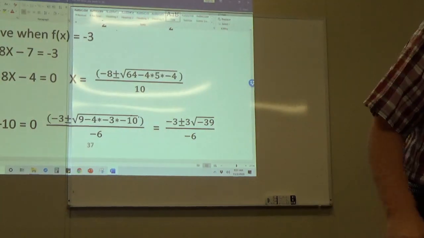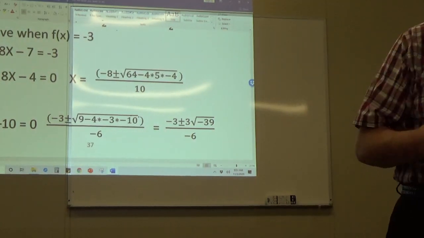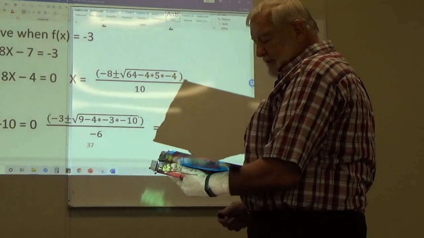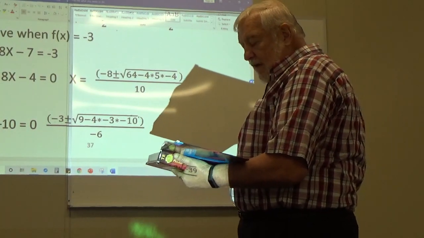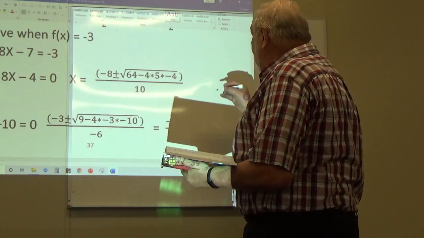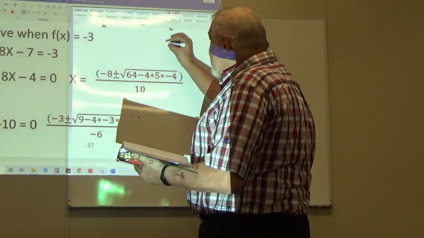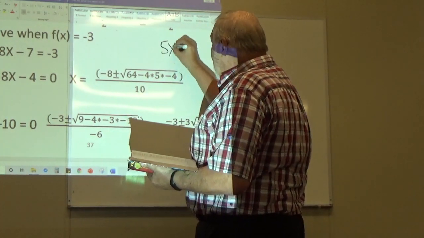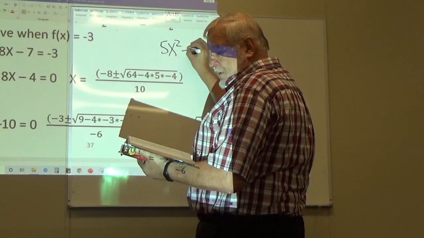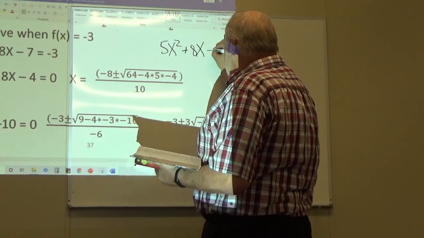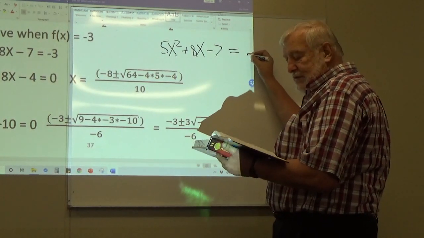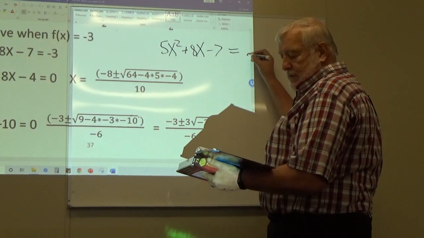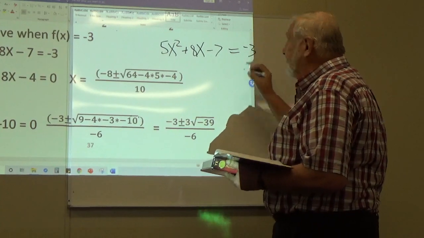The second part in number 1 on page 198 says, what is the value of x when f of x equals negative 3? So f of x was 5x squared plus 8x minus 7. What happens when that equals negative 3?